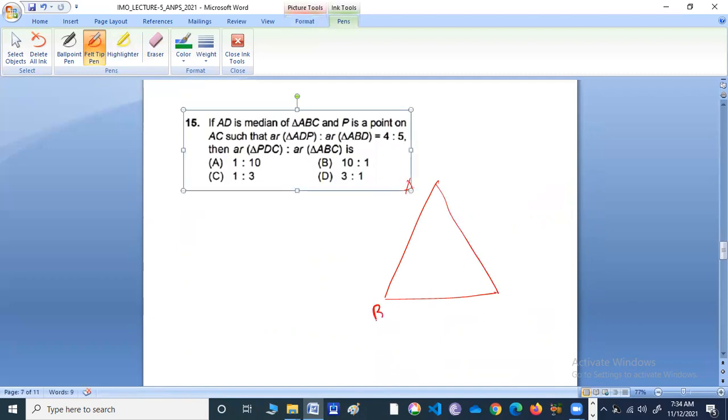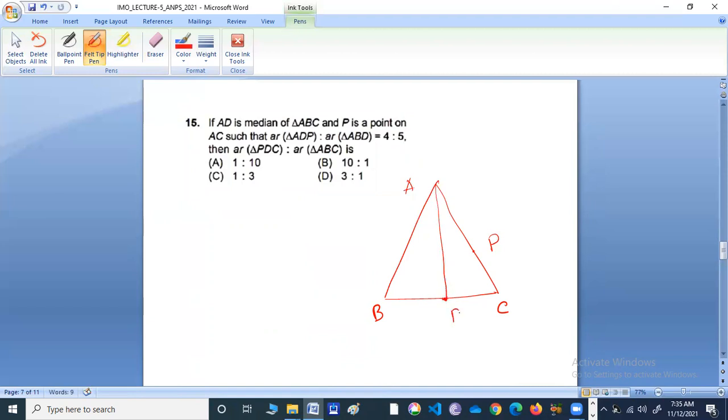A, B, C. Now they say P is a point on AC such that ADP is 4:5. Okay, AD is the median. Median means the line joining the vertex to the midpoint of its opposite side. That means D is the midpoint of BC.